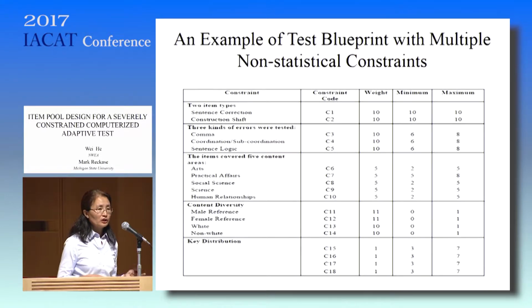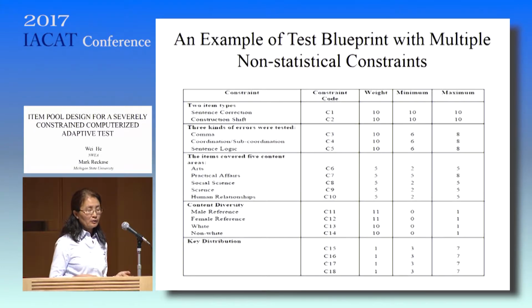As mentioned earlier, the Bin-and-Union method is more applicable to the situation in which the item carries only one single non-statistical attribute. In the case in which the task needs to take care of a complex set of non-statistical constraints, we need to figure out how to extend or use the Bin-and-Union method and make it work.